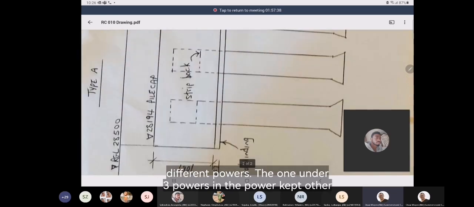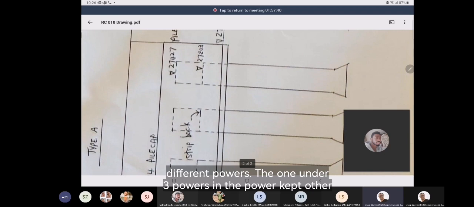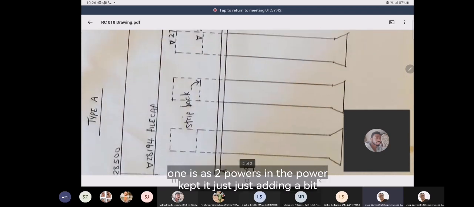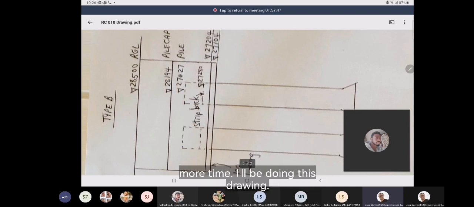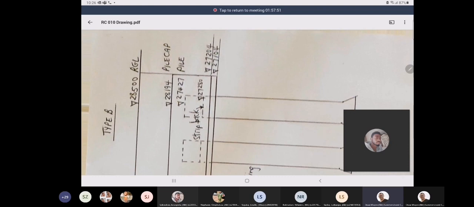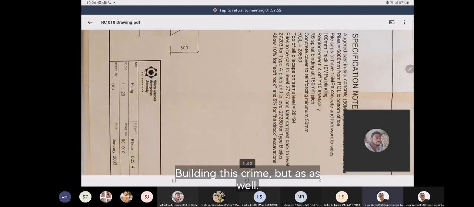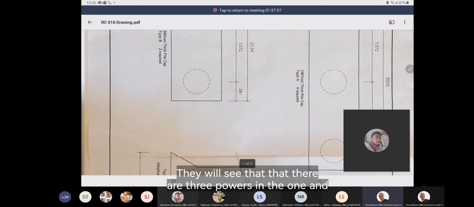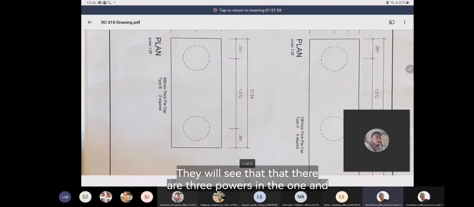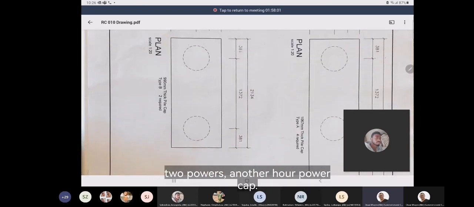And we have different piles. One has 3 piles in the pile cap, the other one has 2 piles in the pile cap. I'll be doing this drawing with us as well. If you have a look at this, you'll see that there are 3 piles in the one and 2 piles in the other pile cap.